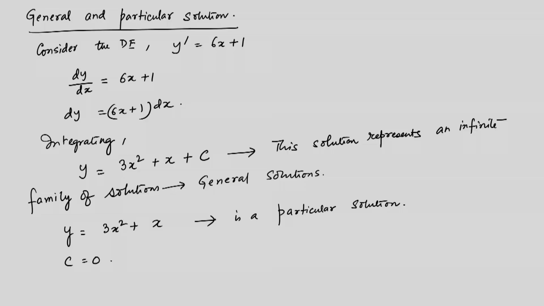In order to specify the problem completely, we need a particular solution, and to arrive at it we need to know this c, which can be known if you apply certain conditions known as initial conditions. Okay. So, let us just give an example of that, and these are called initial value problems when the initial conditions are specified.